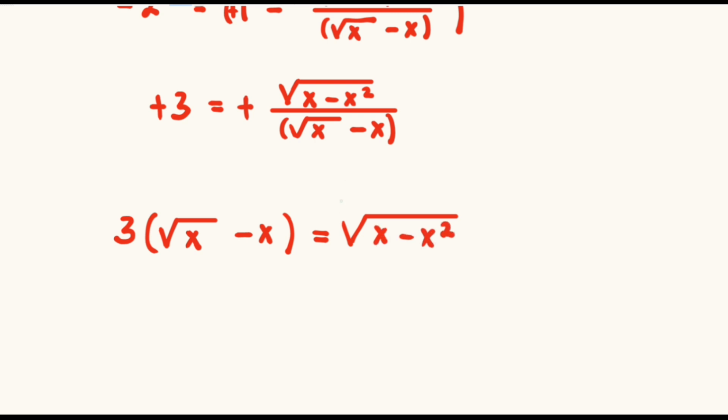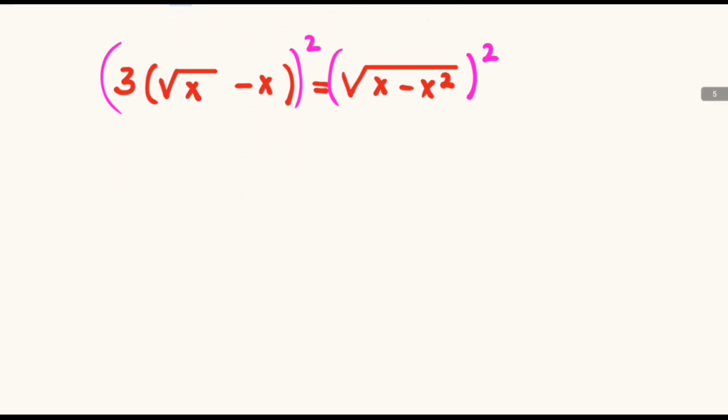and we square both sides of the equation, and we end up with 9 into the square root of x minus x squared, and on the right hand side we have x minus x squared.